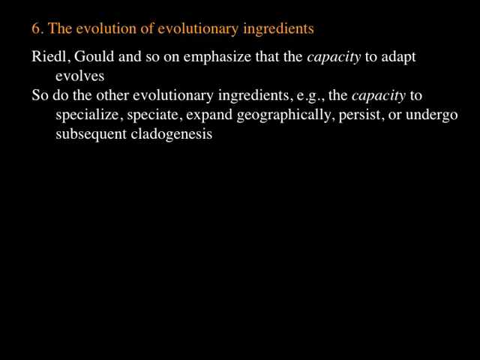They have different capacities to expand geographically, to persist, and then to undergo subsequent cladogenesis. Notice that all of these things that I'm talking about here have to do with aspects of macroevolution.